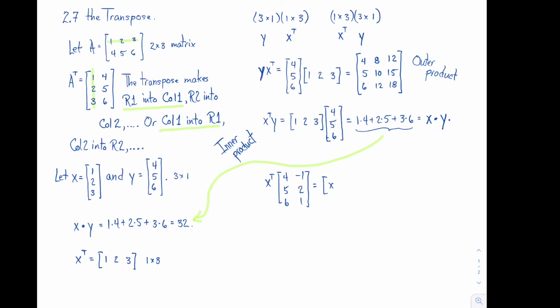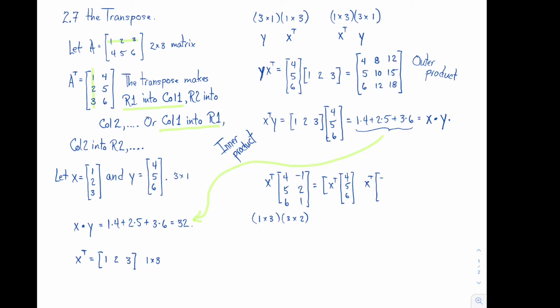This would be x transposed times 4, 5, 6. And again, this is going to be a 1 by 3 being multiplied by a 3 by 2. So I should end up with a new vector, it's going to be a row vector, one row, but it'll have two elements.